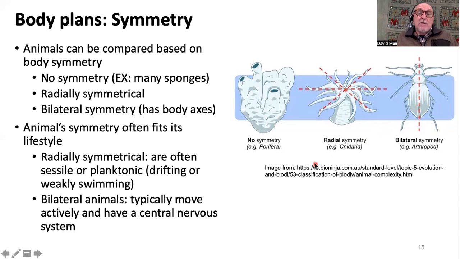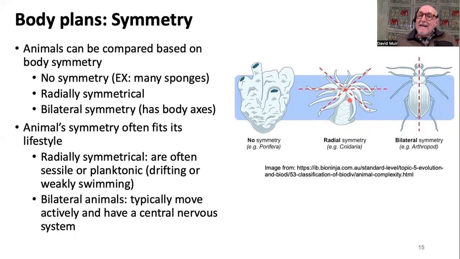This is often a reflection of the lifestyle of the animal itself. A lack of any symmetry at all, and radial symmetry, are both of them associated with sessile animals, animals that are fixed to the bottom, which do not move very much relative to the bottom. They usually do not have any rapid locomotion.